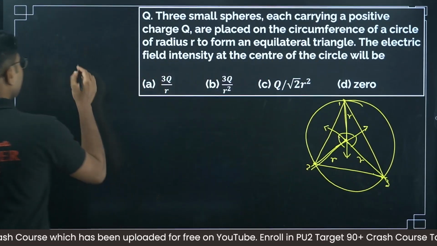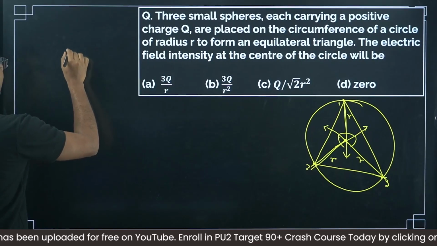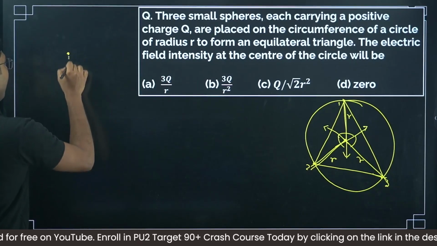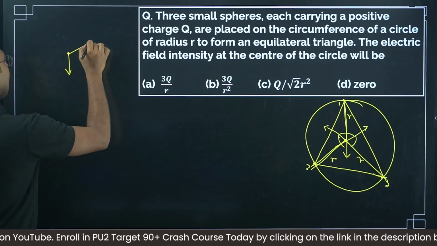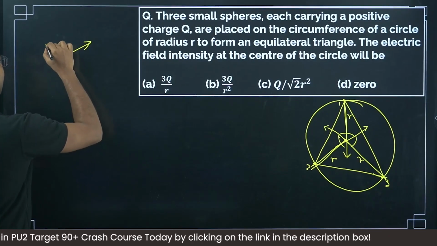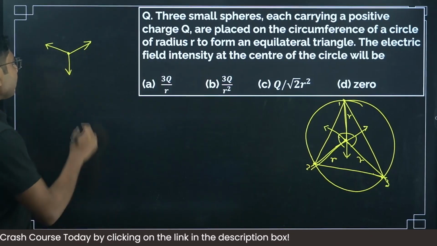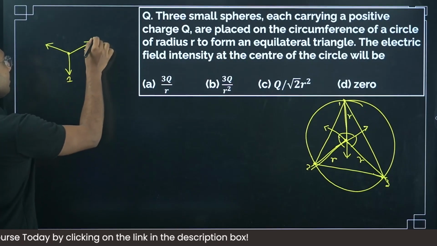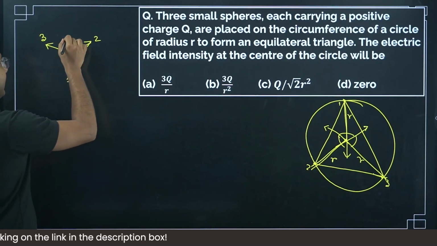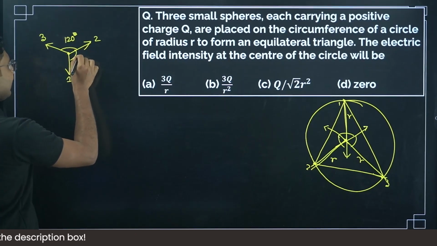So basically you can draw, this is the center, and one force is acting in the downward direction, another force is acting in this direction, and the third force is acting in this direction due to this charge. So this is force number 1, this is force number 2, this is force number 3, and the angle between them is always 120 degrees. So the total angle is 360 degrees.